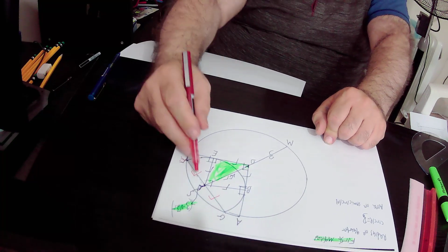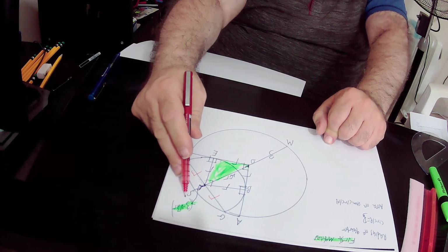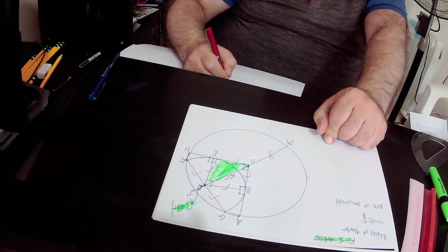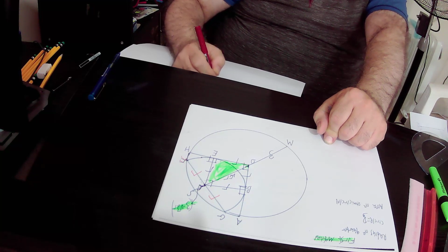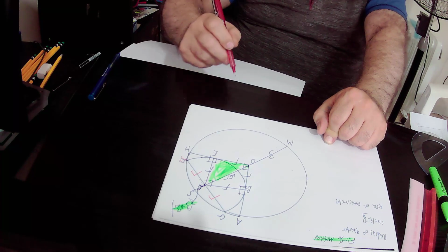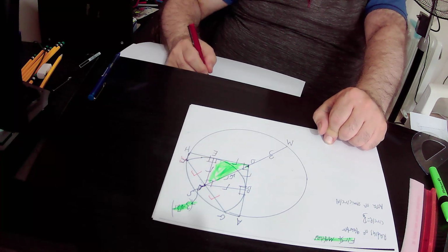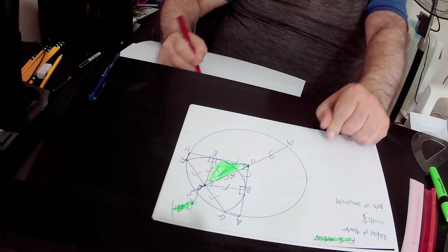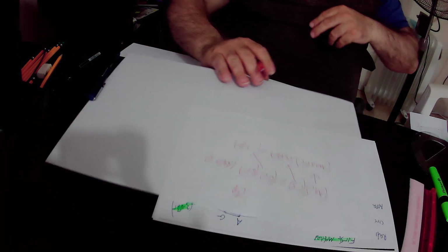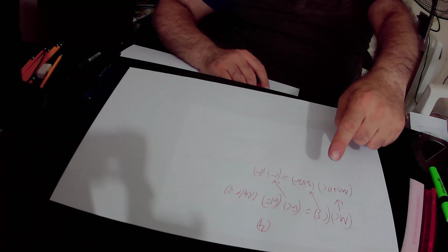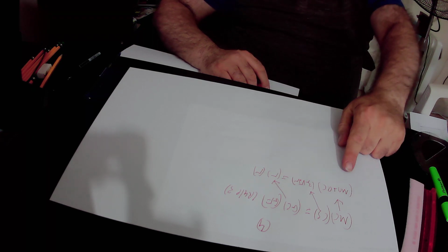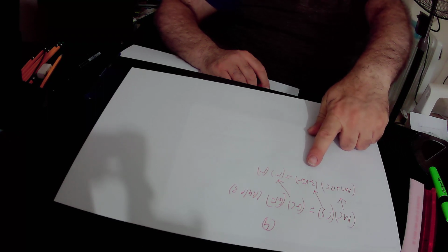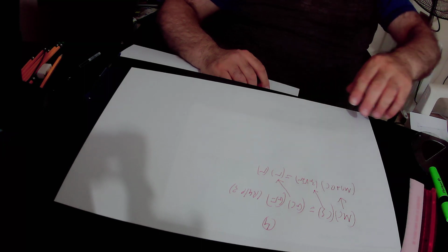And times CS, we have already found out that CS equals 3 minus square root of 2R, and it is equal to GC, which is R, times GF, that is also R. So in conclusion, MC times CS equals GC times GF, that is to say MC is MO plus OC times CS, that is 3 minus square root of 2R, and it is equal to R times R, that is R squared.